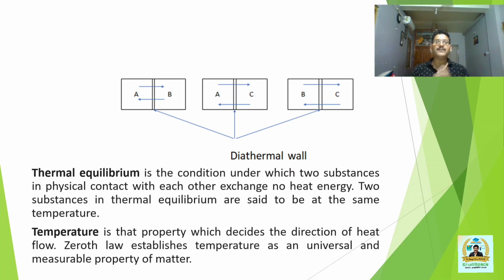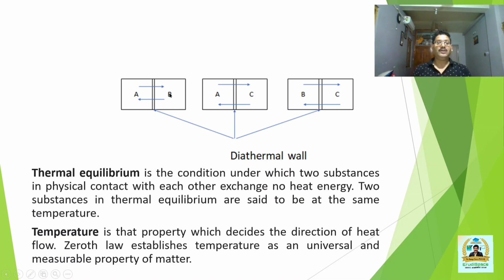So, what is temperature? People do define temperature as the degree of hotness and coldness, but a more accurate definition would be that it is the property which decides the direction of heat flow. So if A is at a higher temperature compared to B, there will be heat flow from A to B, and the process will cease when both A and B attain equal temperature.